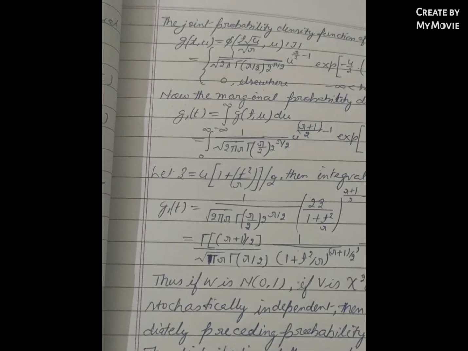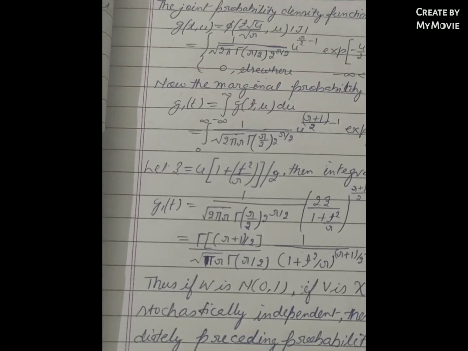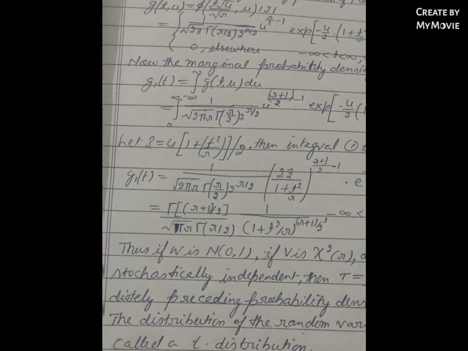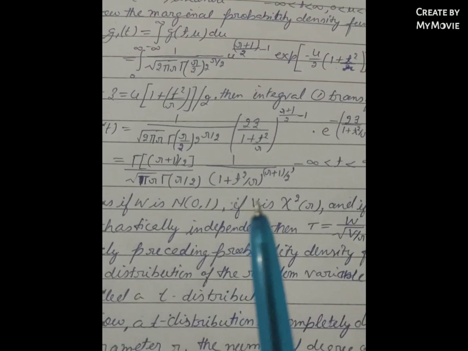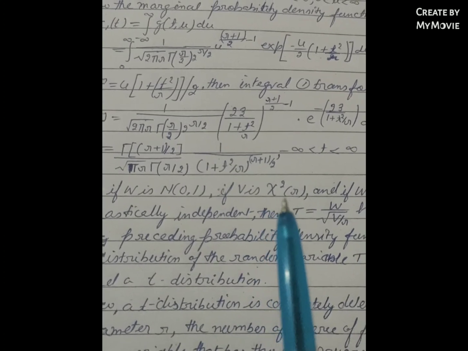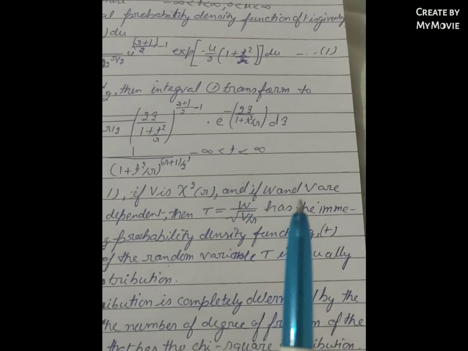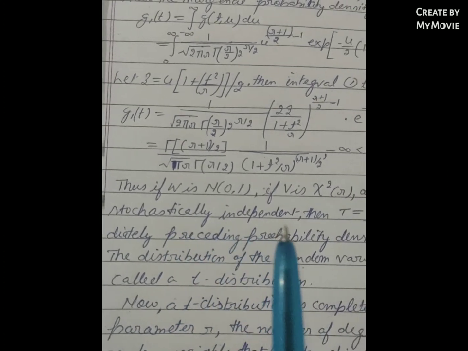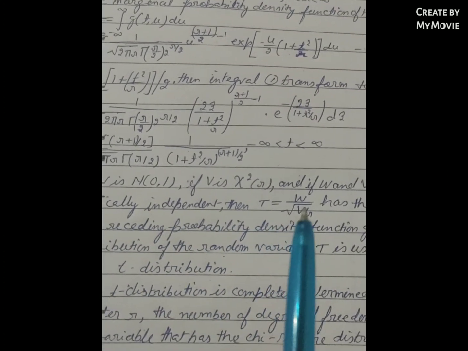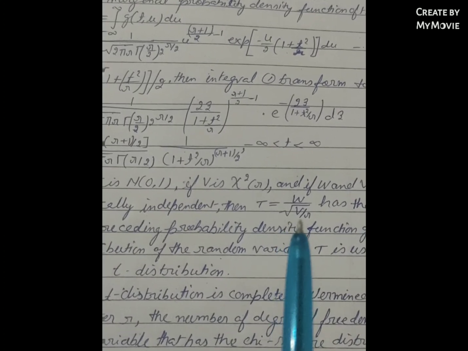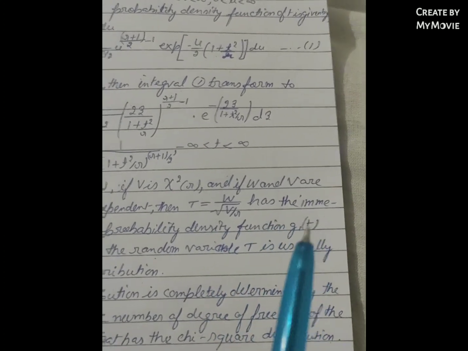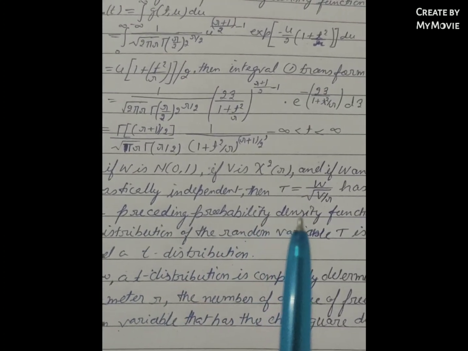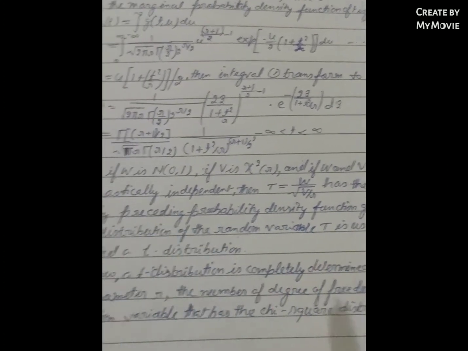Thus, if W is N(0,1), if V is chi-square, and if W and V are stochastically independent, then T is equal to W upon square root of V upon r has the preceding probability density function g1(t).